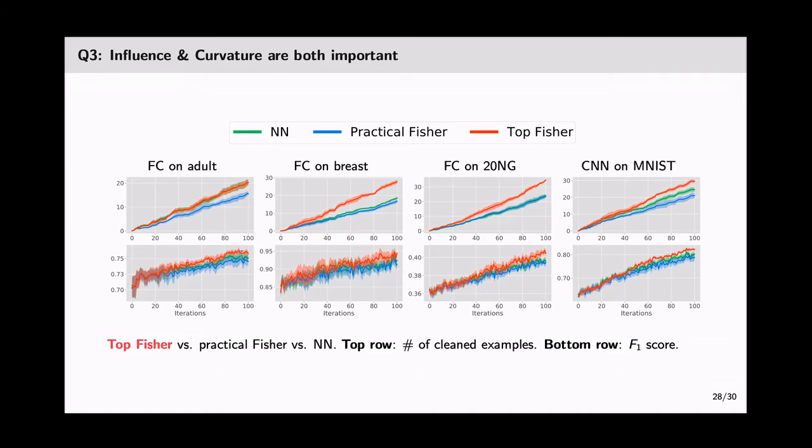However, there is a difference in F1 score, which means that top feature was able to find mislabeled counterexamples that are also influential, and thus can impact the F1 score of the classifier. Which means that looking around a suspicious example is not enough. You need to find counterexamples that are also highly influential.